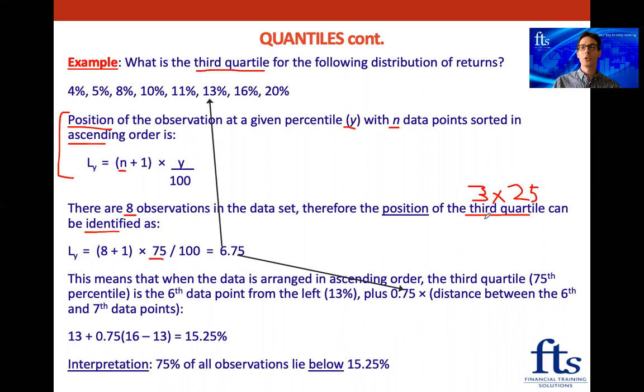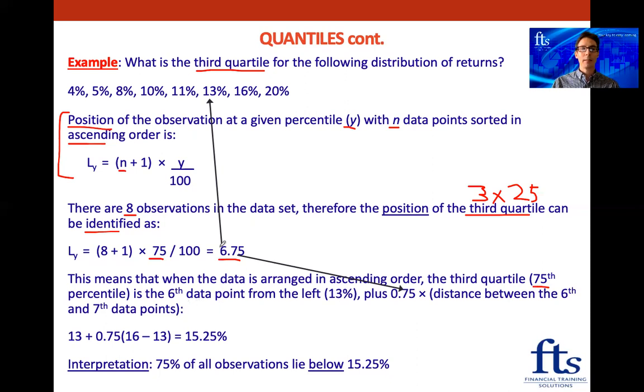The third quartile is going to be the 75th percentile. So what we can then see is that the position of the third quartile is position number 6.75. So this means that when the data is in ascending order like we've done, the third quartile we've worked out, it's the 75th percentile.